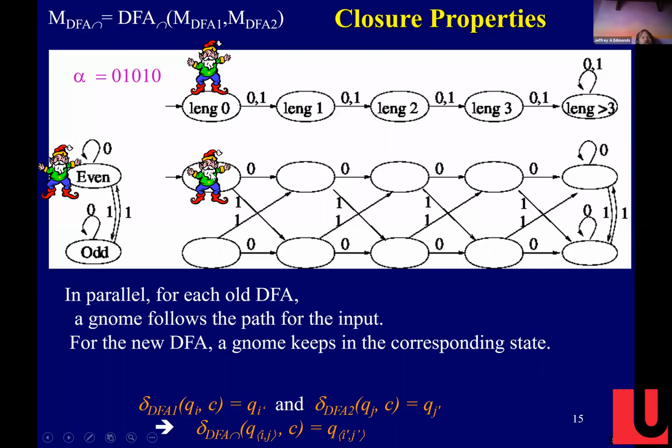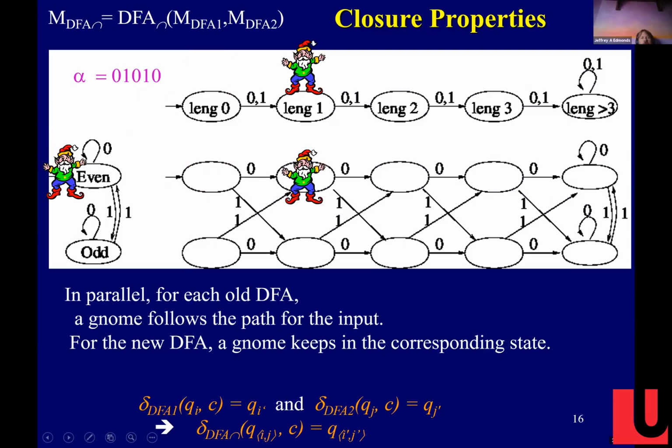What we're going to maintain is that the middle gnome is wherever he's on the row that this guy is on, and on the column that this guy's on. So he's sitting there, and then we get some character.